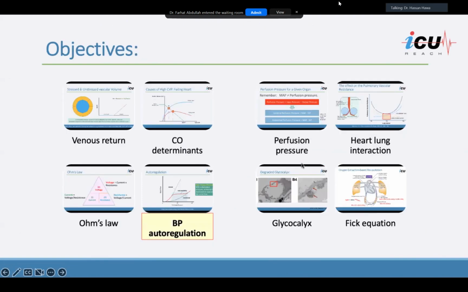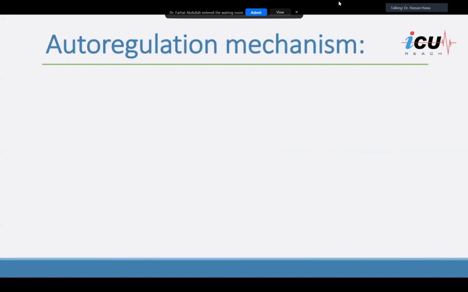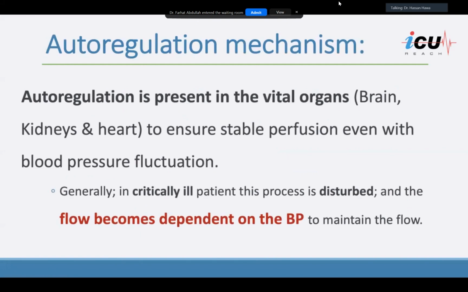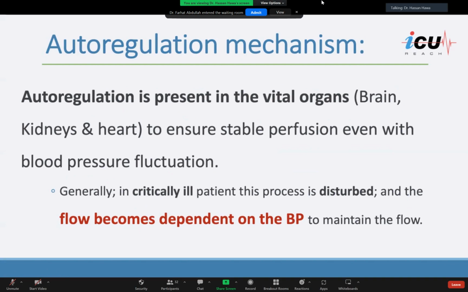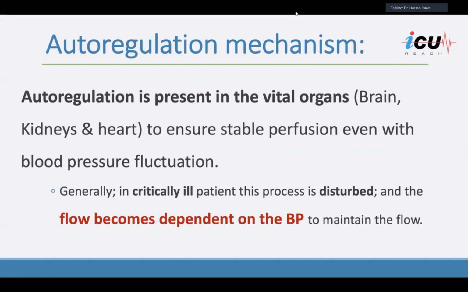Now we'll move on to another important principle in hemodynamic physiology, which is blood pressure autoregulation. We know that autoregulation is present in all vital organs, mainly the brain, the kidneys, and the heart, and this is to ensure stable perfusion even with blood pressure fluctuation.